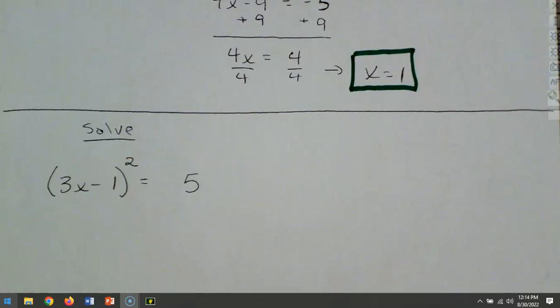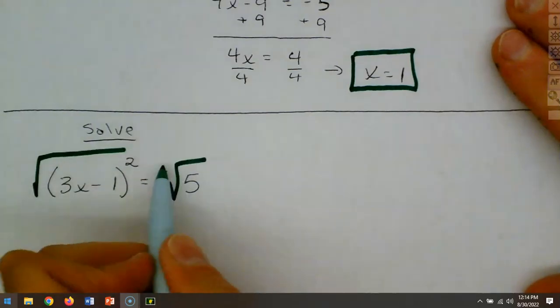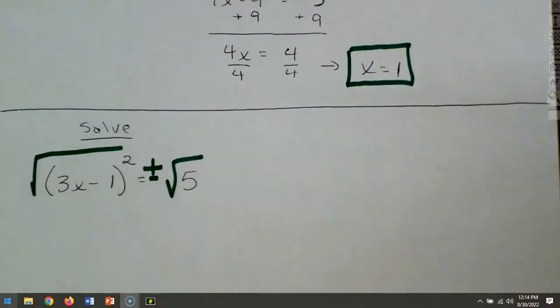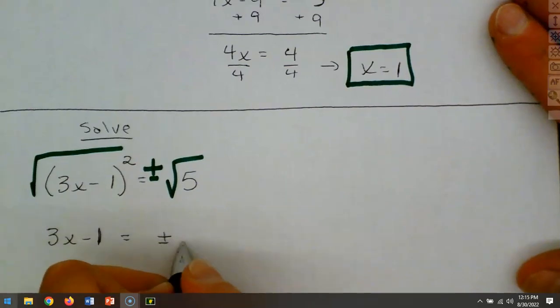So the first thing we're going to do is we're going to get rid of our square by using a square root. Add in your plus or minus. That gives you then 3x minus 1 equals plus or minus the square root of 5.